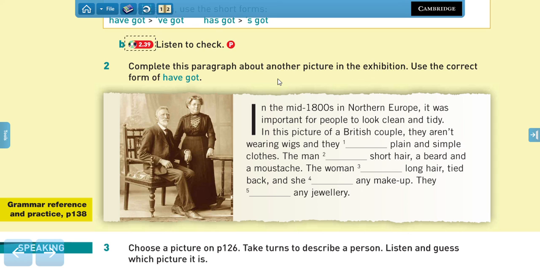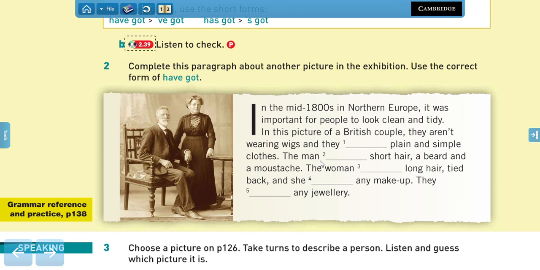So let's check. In the mid-18th century in Northern Europe, it was important for people to look clean and tidy. In this picture of a British couple, they aren't wearing wigs and they have got plain and simple clothes.